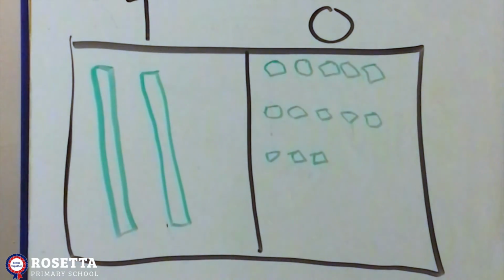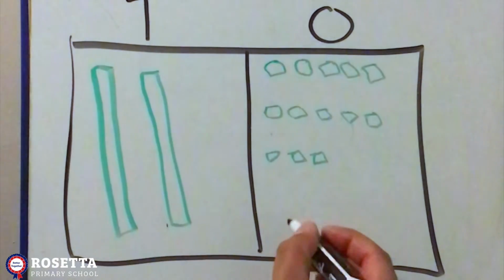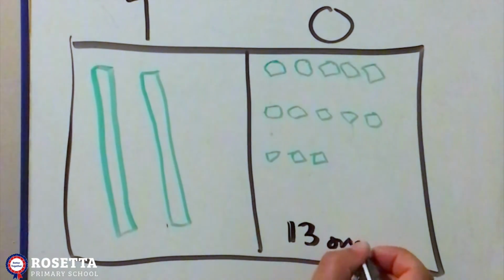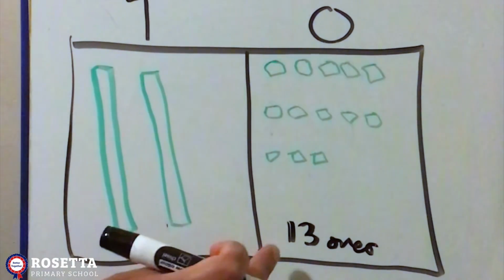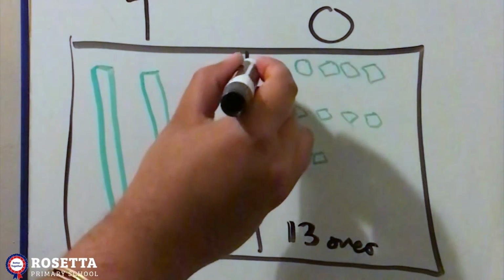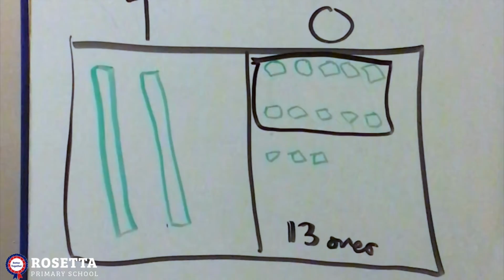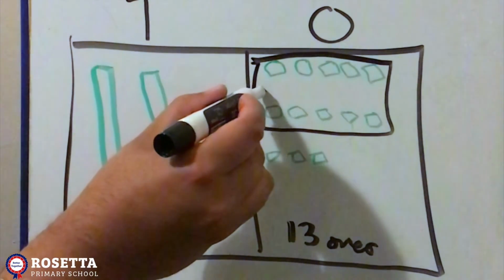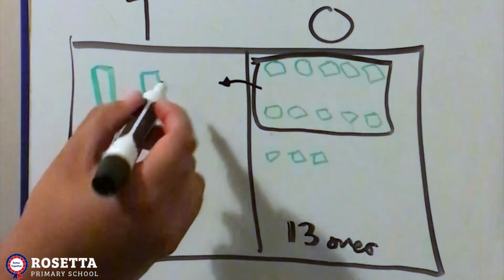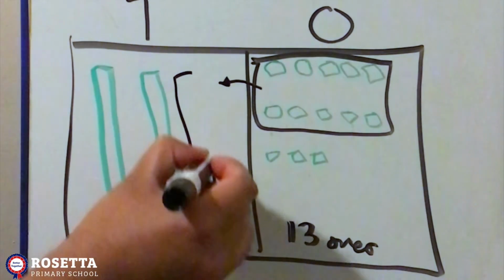Now, same thing we do, we have to add the ones together first. So how many ones do we have? We've got 13 ones. But what do we do with 10 of them? That's right, we rename the 10 ones into 1 ten.